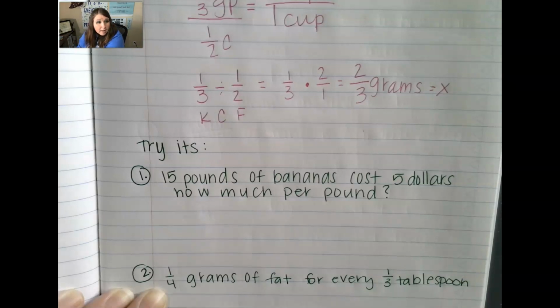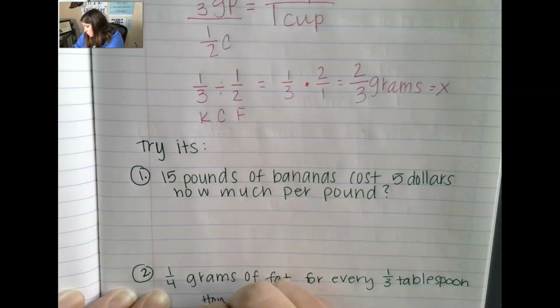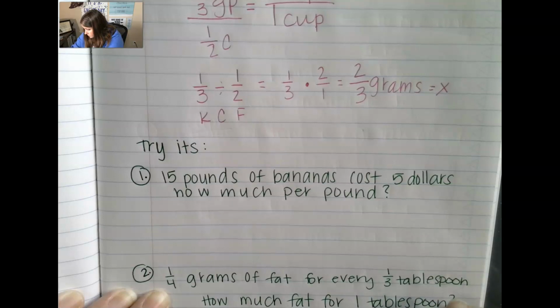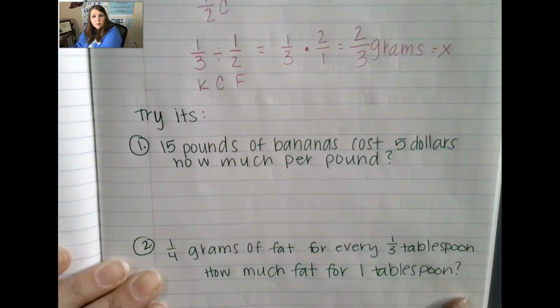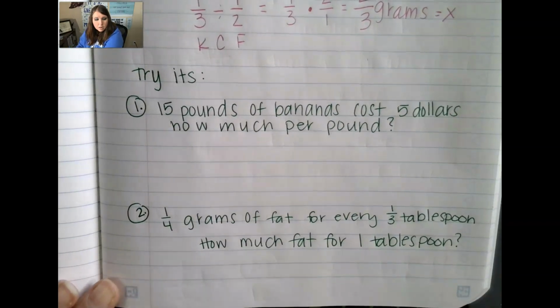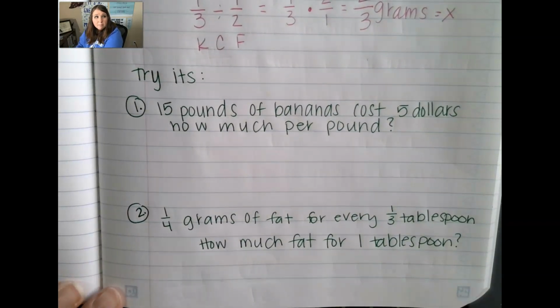How much fat for 1 tablespoon? All right, so go ahead and hit pause right now so you can solve both of these on your own. When you are ready, please come on back, hit play, and then we will check your level of understanding.